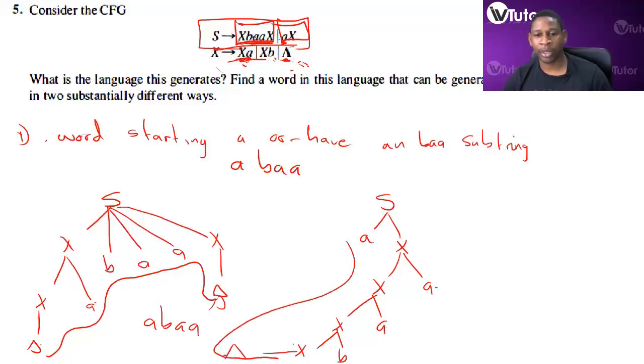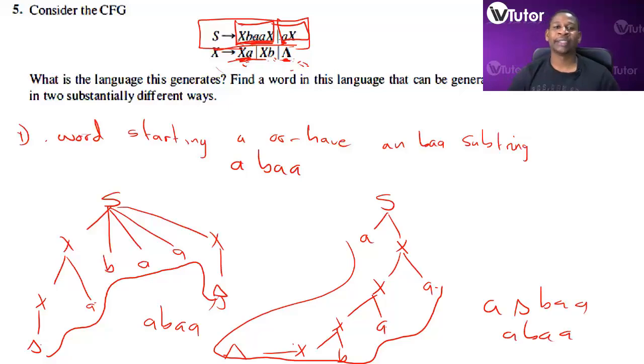Then when we parse it, we're going to have A now B A, which is equivalent to ABA. So these are different ways that this word can be generated. So this language is ambiguous. All right.